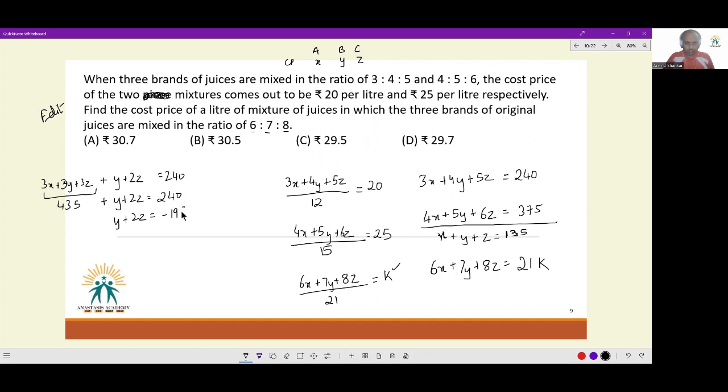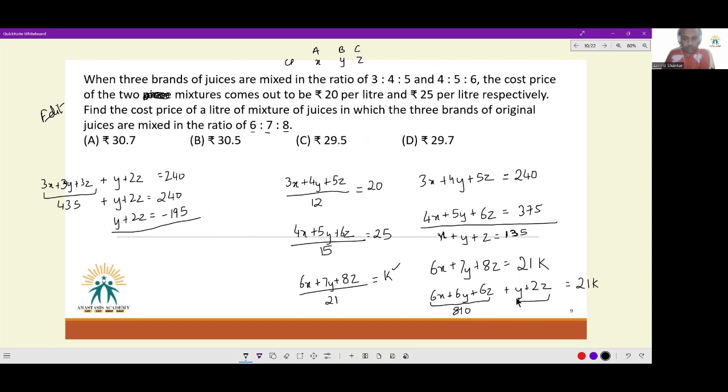Or y plus 2z is equal to minus 165. Why this is useful for us is, look at the final expression that we need. Can I break it down as 6x plus 6y plus 6z plus y plus 2z? I can figure out this part and I can figure out this part. This has to be equal to 21k. 6 times 135 is 3 times 270, so 810.